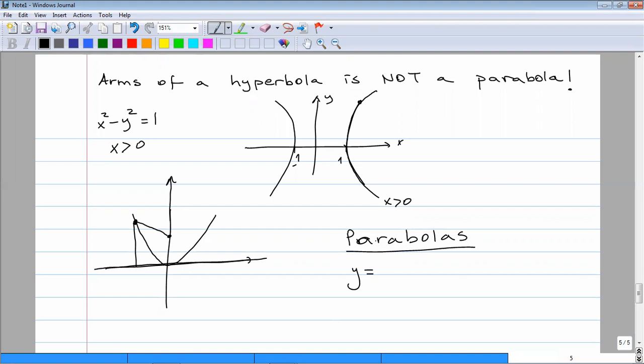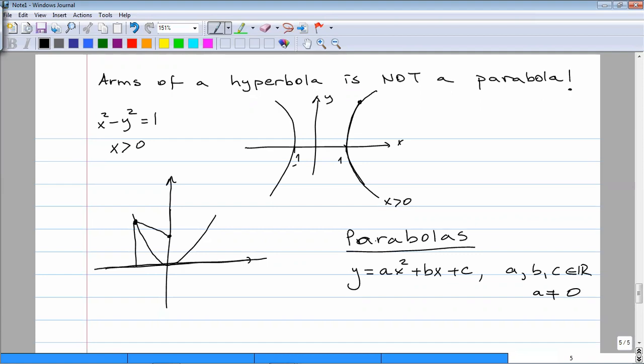So I'm going to give the definition by means of the equation in the coordinates x and y. The y coordinate is equal to some non-zero number a times x squared plus a number b times x plus a number c. A, b, c are real numbers, and the number a is not 0.